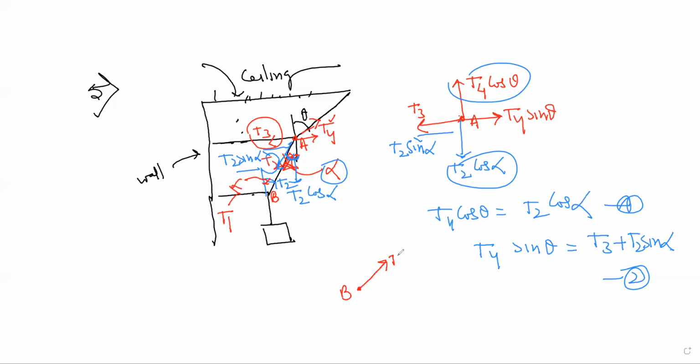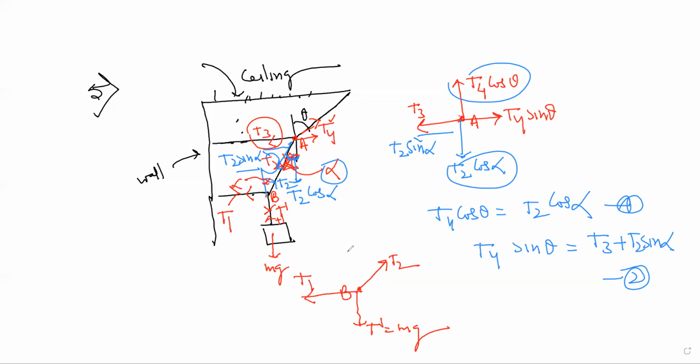T2 is acting in this direction, T1 is acting in this direction, because tension always acts away from the point of attachment, and in this direction, suppose I have assumed T dash, which will of course be equal to the weight. So in this direction it is T dash, which is equal to mg.